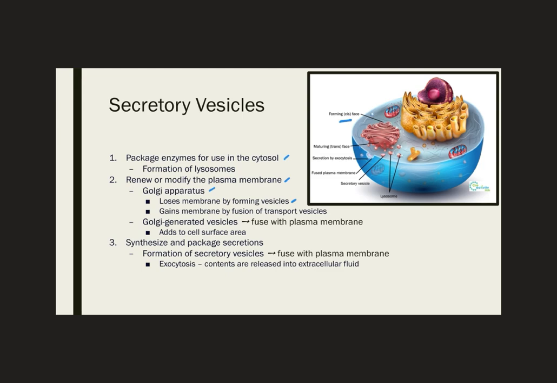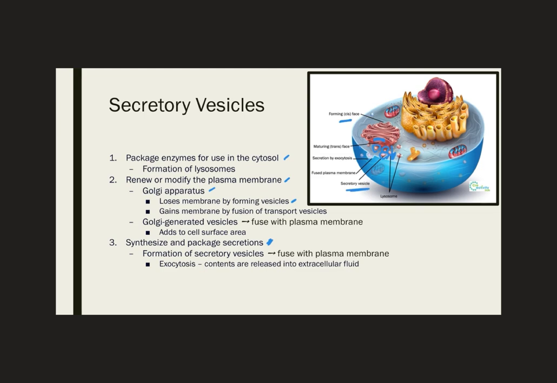Next and last, we have the synthesis and packaging of secretions, and this occurs at the maturing phase, therefore on the opposite side of the forming phase. This occurs when vesicles are formed, and these vesicles will carry material away from the Golgi apparatus. These vesicles containing material that will be secreted from the cell are called secretory vesicles.